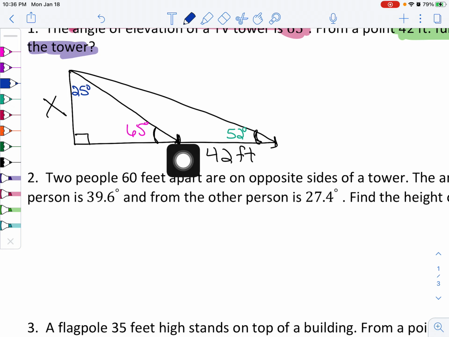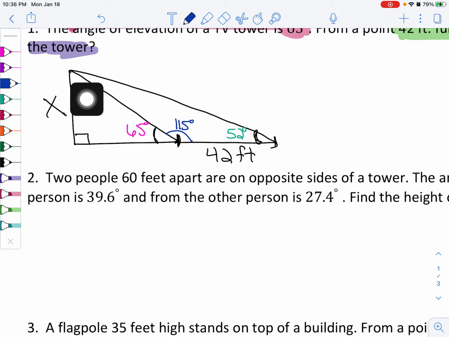This 65 degree angle and the angle adjacent to it form a straight line, so they are supplementary and add up to 180. So 180 minus 65 gets me this obtuse angle right here, which is 115 degrees.